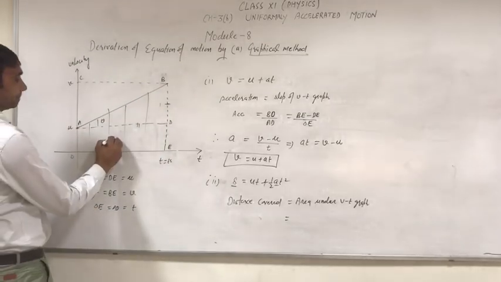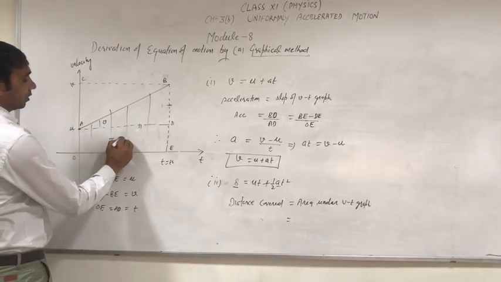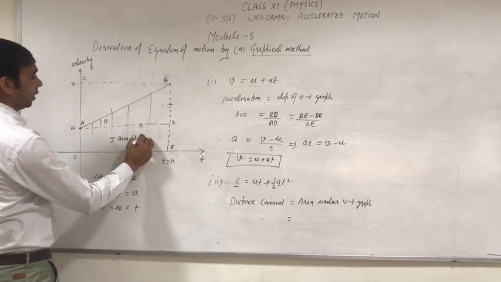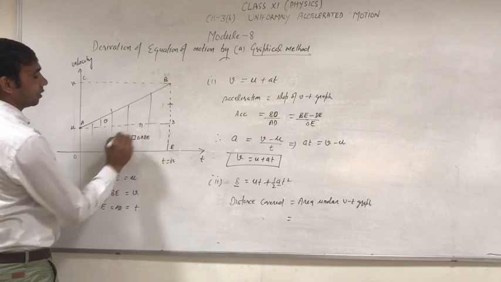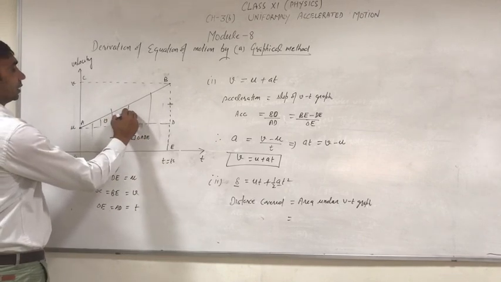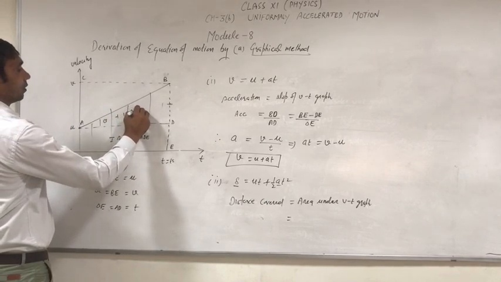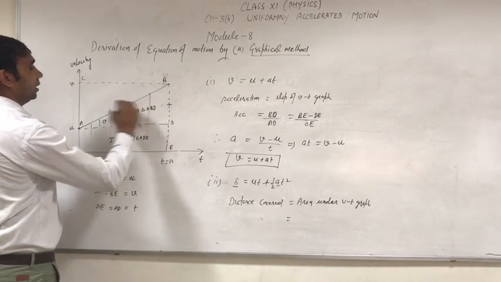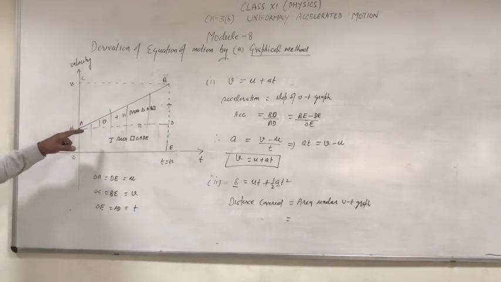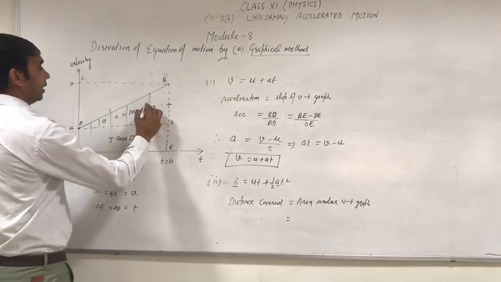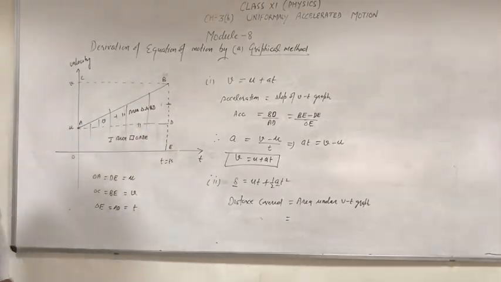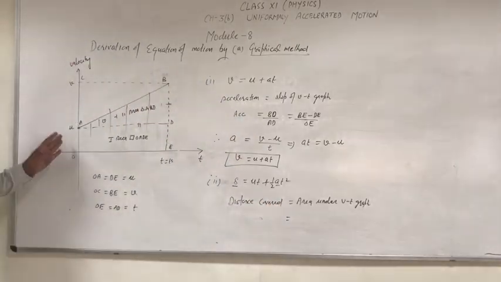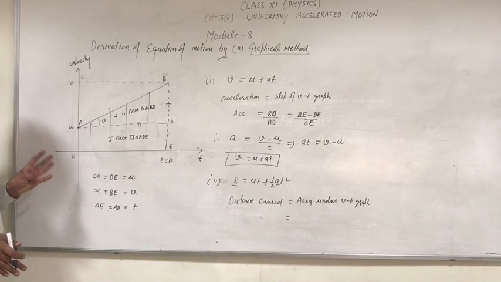First one, area of rectangle OABE, plus second, area of triangle ABD. Area of triangle plus area of rectangle.